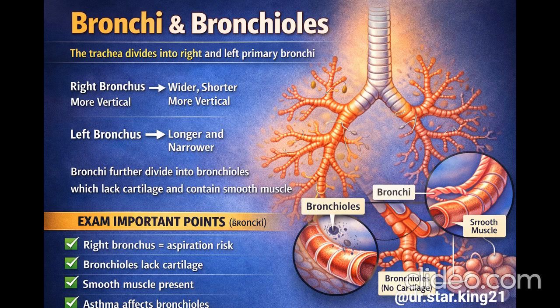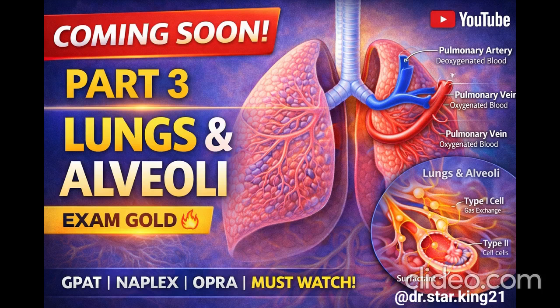Bronchi are further divided into bronchioles, which lack cartilage and contain smooth muscle. The exam focus points for bronchi: right bronchus is the aspiration risk, and bronchioles lack cartilage, smooth muscle present, asthma affects bronchioles.